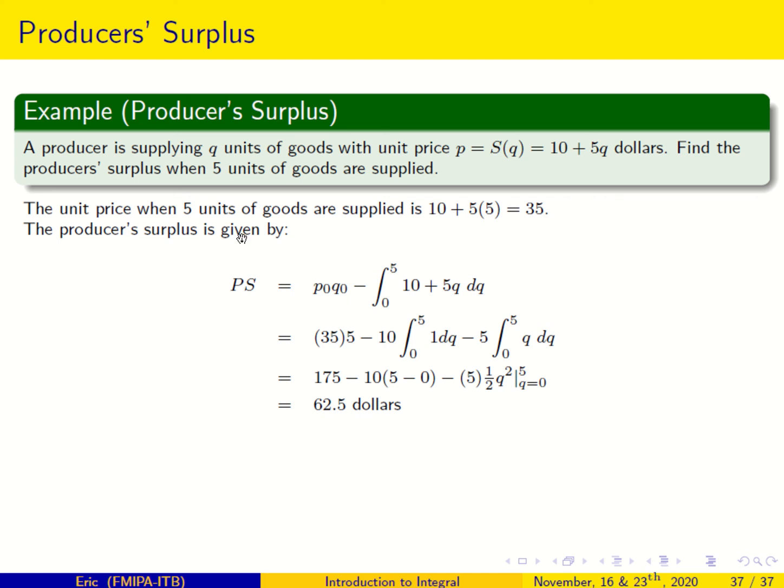So the producer surplus is given by P0 Q0, the actual amount, 35 times 5, minus the profit expected by the producer, that is the integral of 10 plus 55Q. I can use the formula of the definite integral, and I have that the producer surplus is $62.5.